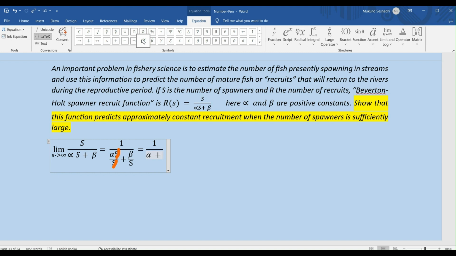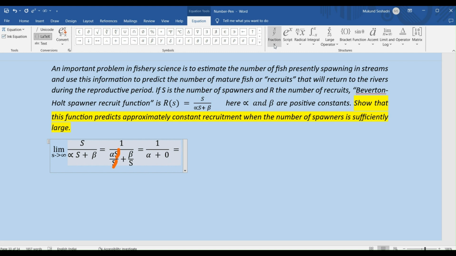And when I have beta divided by S, as S tends to infinity, you've got beta, which is a positive constant. So a positive constant divided by infinity is nothing but 0. And this is the final answer for this question.